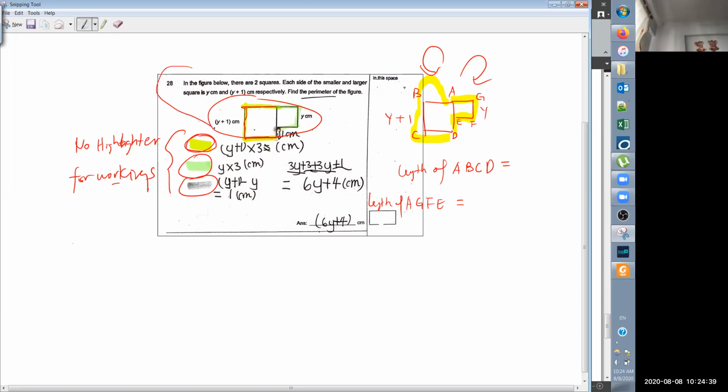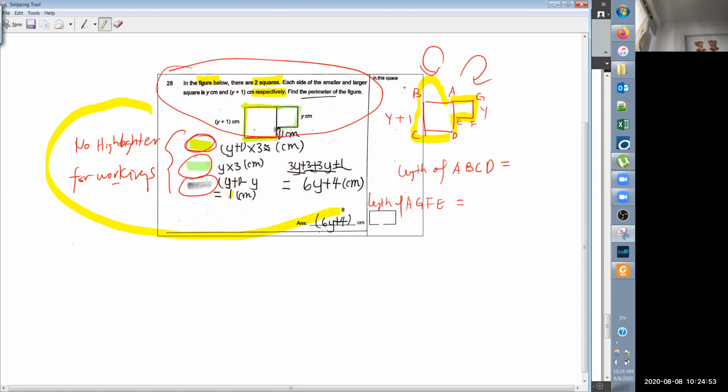Basically this entire thing is the question, right? So you can do anything to the question. You can highlight this, this, this. You're okay to highlight, because your marker is going to look at your working. You get my point now?